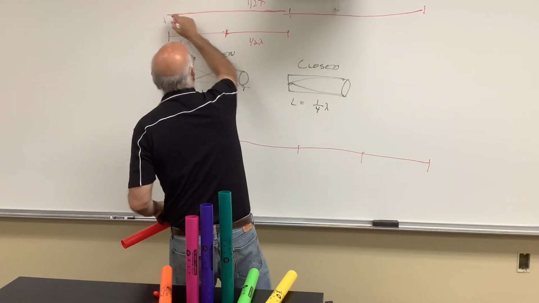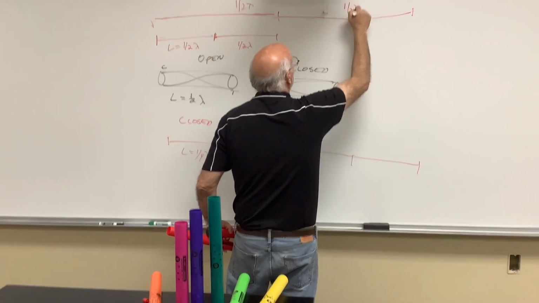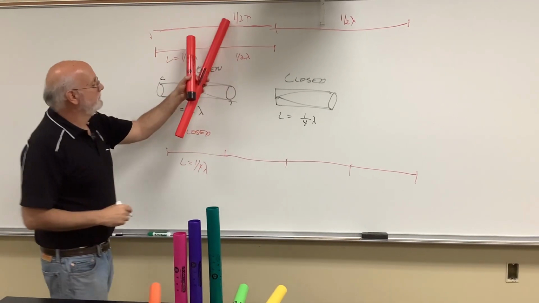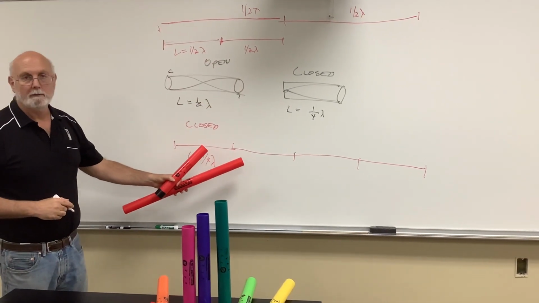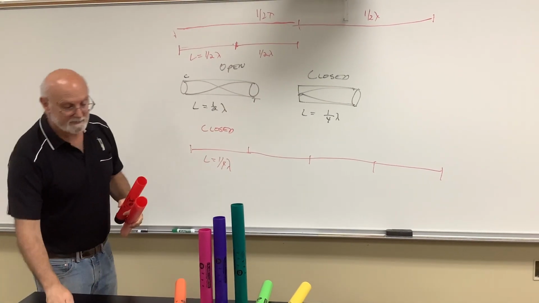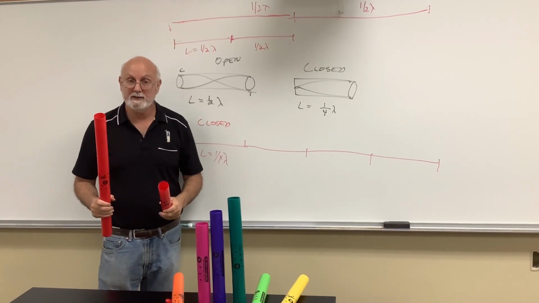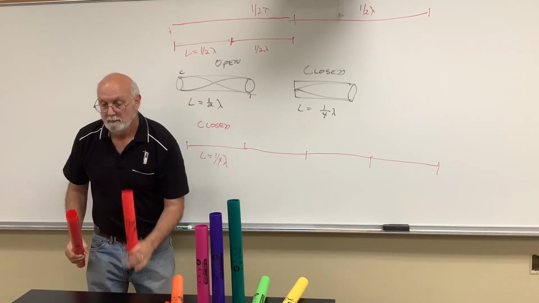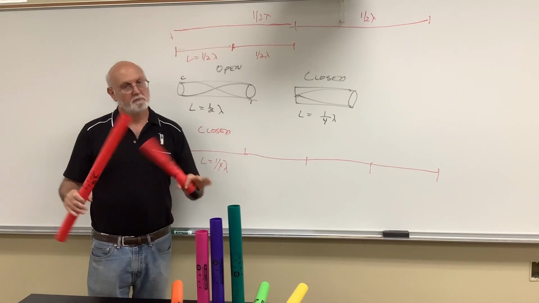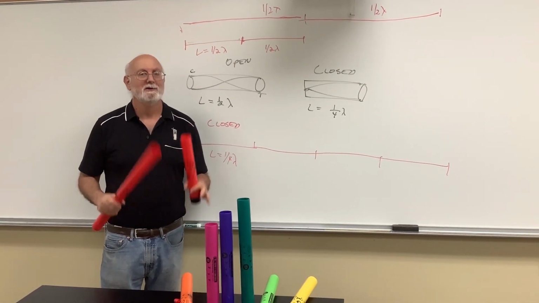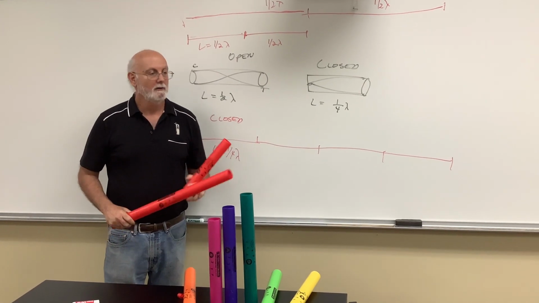Half, half, there's your full. And notice, whoa, those are basically the same, which means the note I should get from these is basically the same. Pretty close. There are some other things going on, but it's close enough for what we're doing. So that's the boomwhacker.